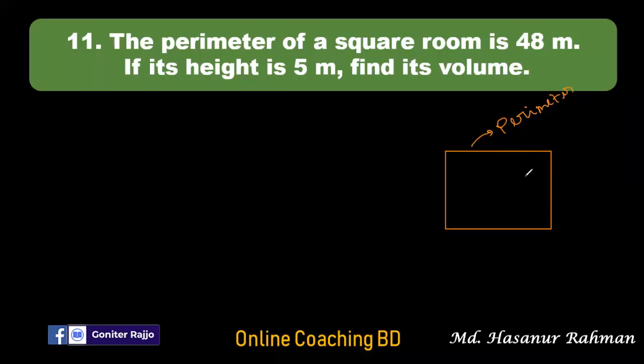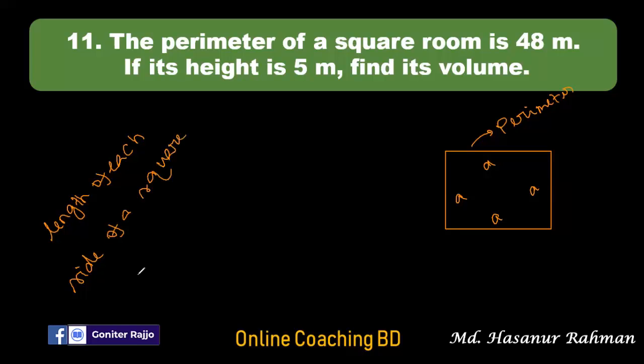So we already know that every side of a square should be same. That means length of each side of a square is same. Length of each side of a square room is a meter. According to the question, we can say perimeter equal to 48 meter.